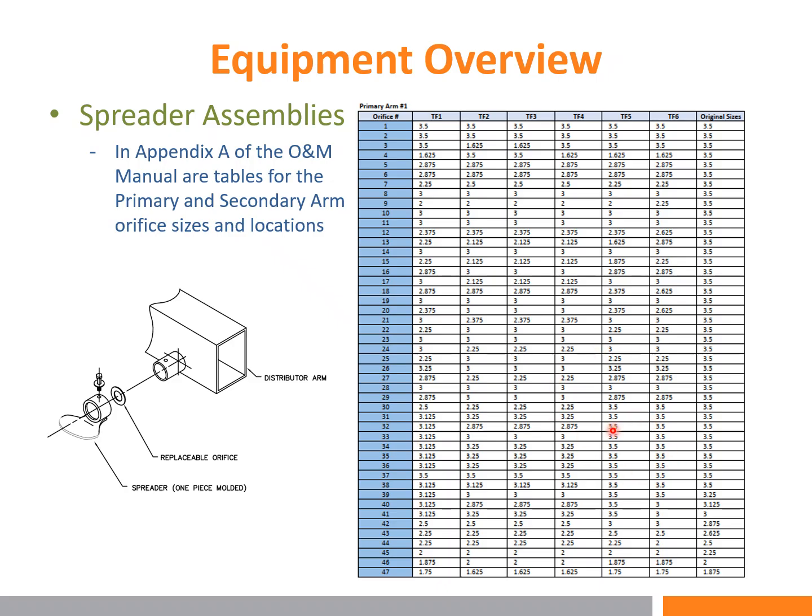One thing important to keep in mind is that these numbers represent the diameter of the hole in the orifice plate. But if you ever see the number 3.5, 3.5 inches, that means that there is no orifice plate. It means the inside diameter of the discharge port is 3.5 inches, so it's unrestricted. It's fully open. So no orifice plates wherever you see 3.5 inches.